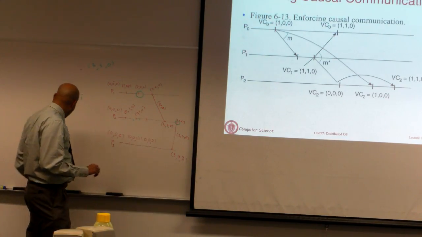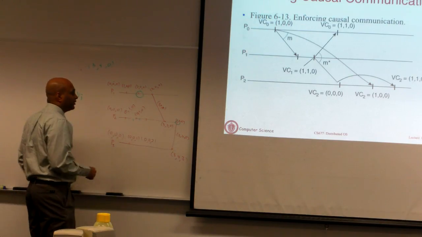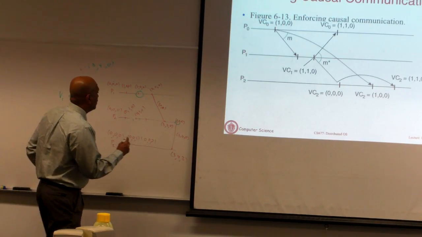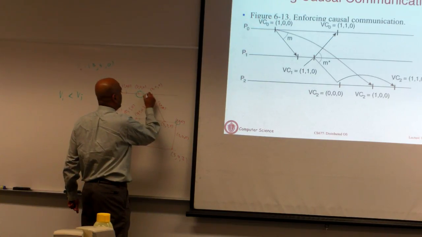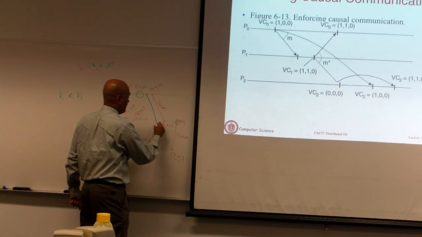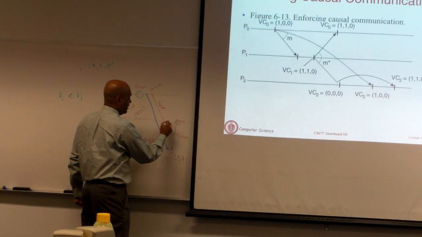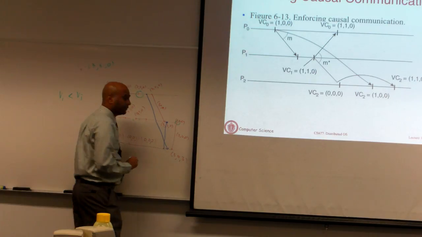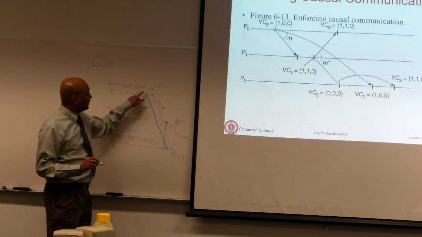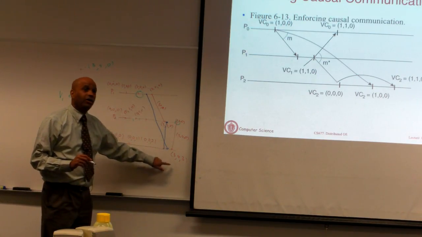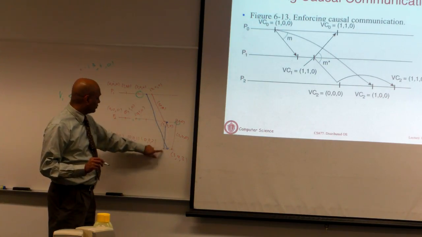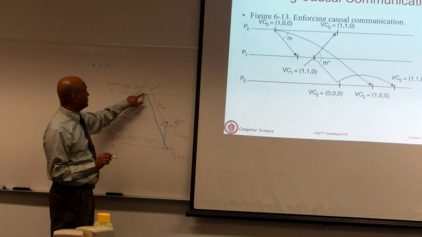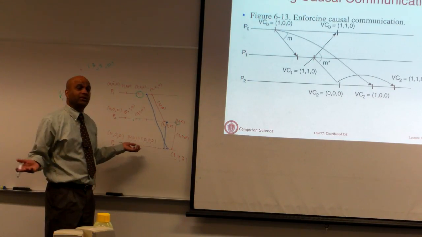Okay? It might so happen that the same thing that we talked about here may actually happen, where you received a message, okay? And then let's say there was a message that was sent here. A new message, and then it might so happen that you send a message here and that's received here. So essentially this message is taking much longer to propagate. So in that time P1 has already sent a message to P2, P2 has already sent a message that's been received, and this message is still propagating slowly and has been received later.